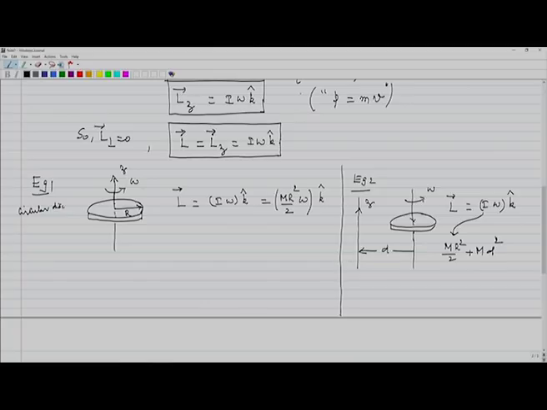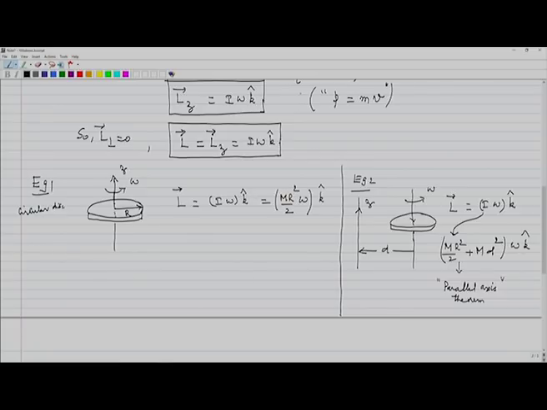This is what we call the parallel axis theorem. This times omega times k, that's the angular momentum. So we have got the moment of inertia of this object.